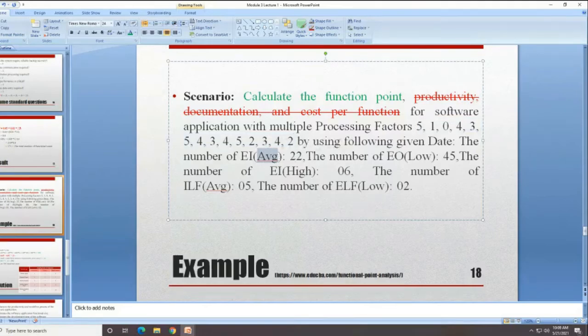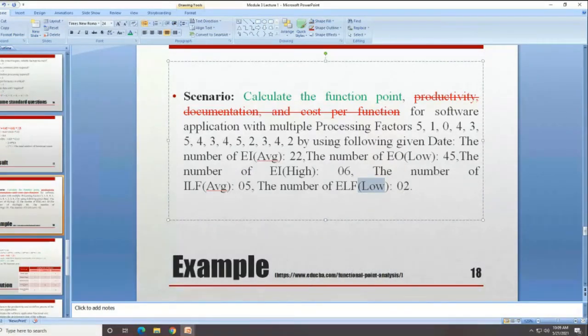Number of external output is low complexity. The number of external input, high, it is 6. The number of ILF, internal logical file, the complexity is average. The number of external interface file, the complexity is low, right? So likewise, they have given the values.